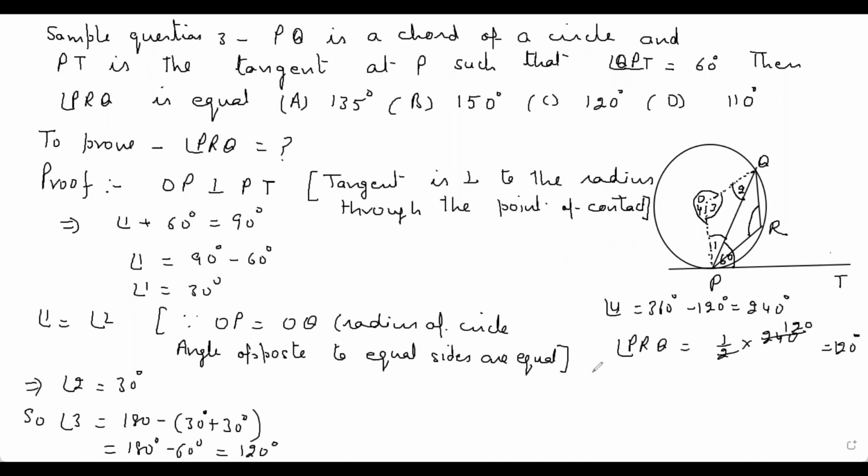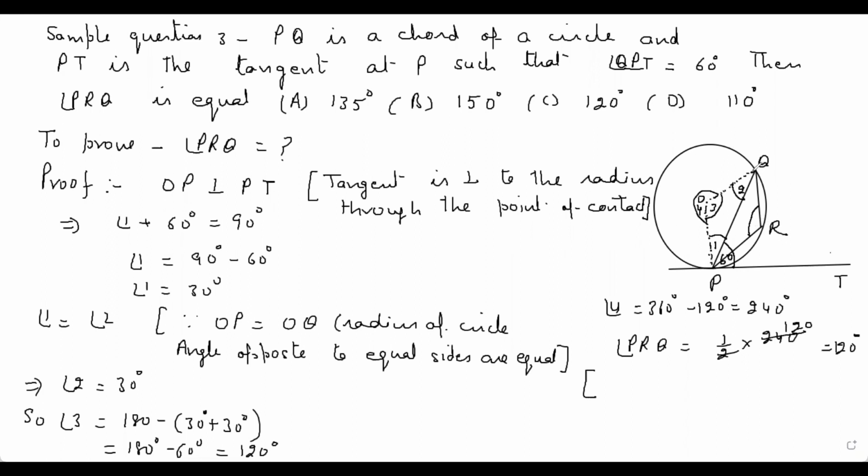What is the reason? The reason is angle subtended by an arc at the center is double the angle subtended by it on the remaining part of the circle. Means this angle is double of this angle. If this angle is 240 degree, then this angle is 120 degree. Now listen again.